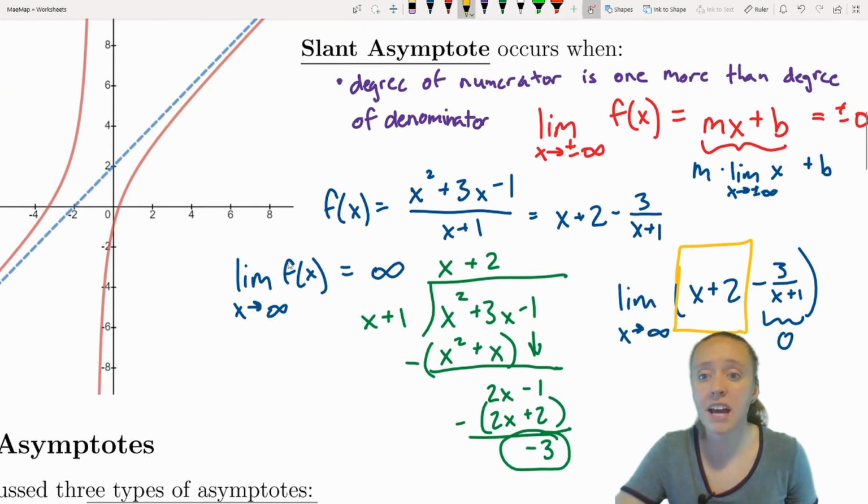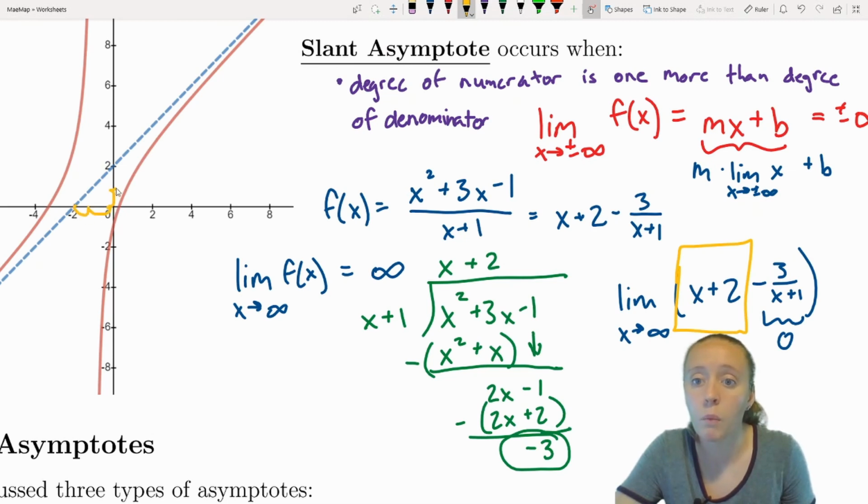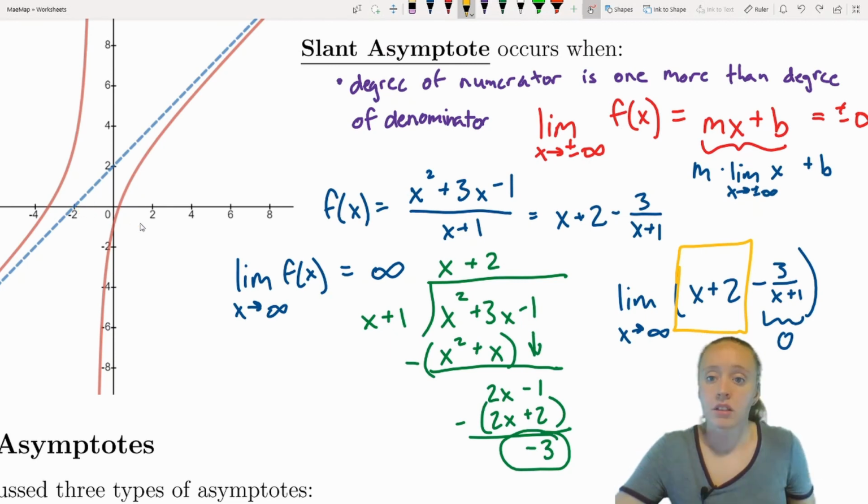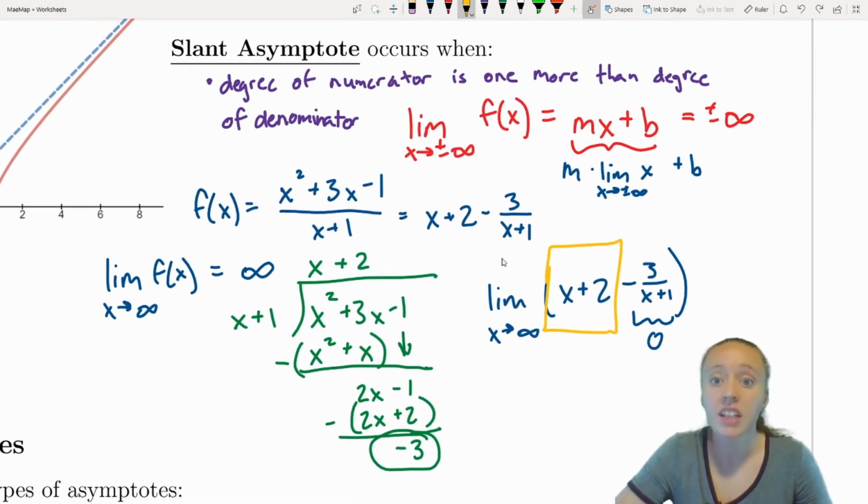And we can confirm that on the graph. I have a y-intercept of 2 and a slope of 1. For every 1 in the rise, I have 1 in the run. So again, let's think about the limit of a function that has a slant asymptote. The limit of that function is going to go towards positive or negative infinity because the degree of the numerator is higher than the degree of the denominator.